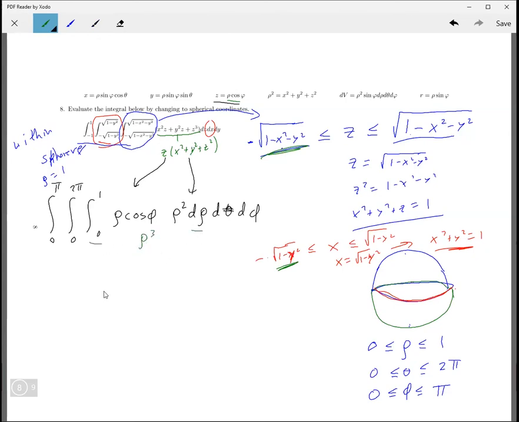And so integrating that, you're going to get rho, oh wait, what am I doing? I got ahead of myself here. I forgot that part. Rho squared sine phi, d rho, d theta, d phi.